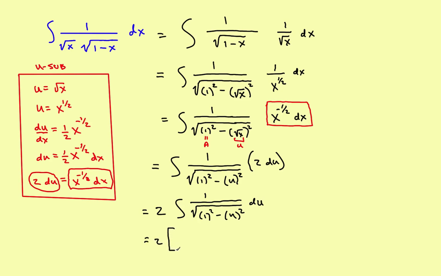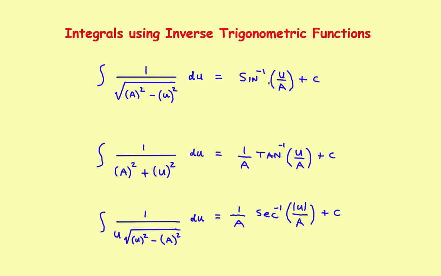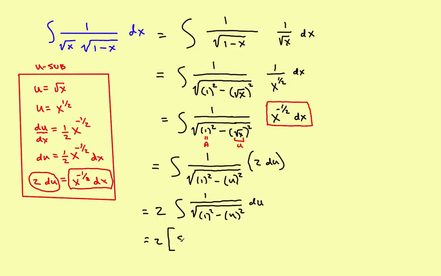Then, in place of this, put what it's equal to. Well, the rule says that it's the inverse sine of u over a, but a is equal to 1. And then you've got a plus c.